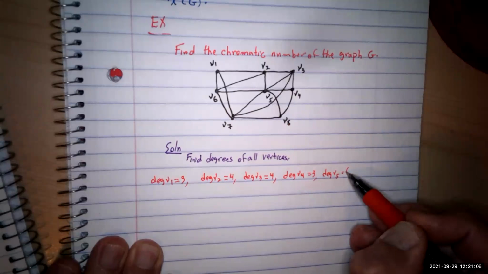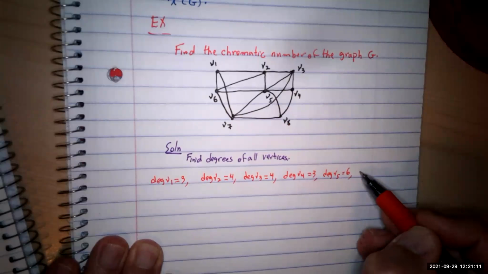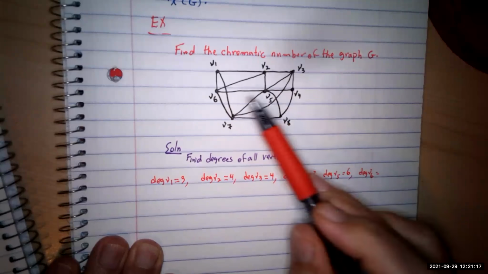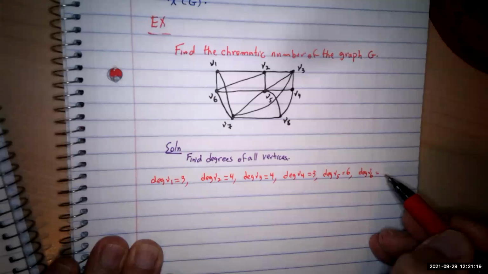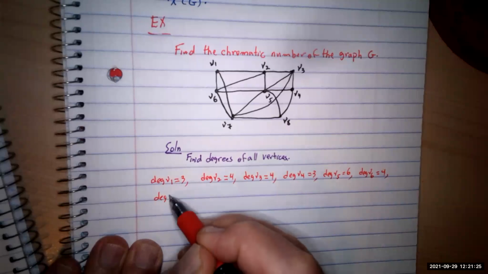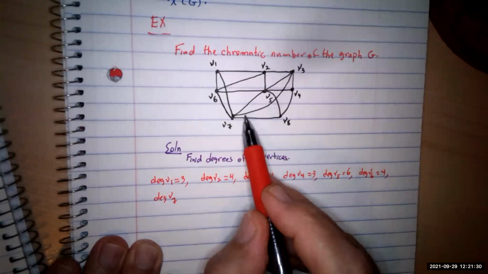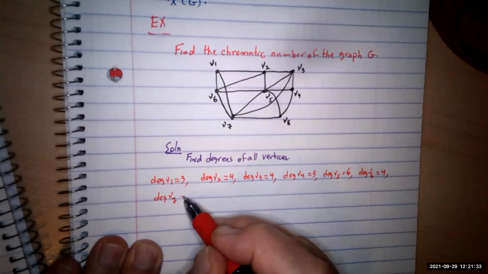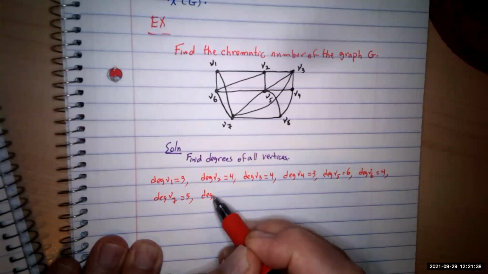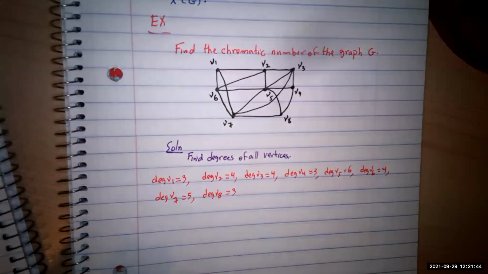Then V6 is equal to 4. Then V7 is 5: 1, 2, 3, 4, 5. And V8 is equal to 3. You see, that's the first step.